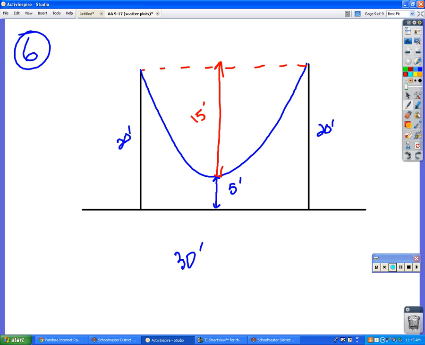How much distance can there be in between the two poles for it to be able to sag down 15 feet and then back up 15 feet? If it goes down 15 feet and goes back up 15 feet, how far this way can it go if it's 30 feet long?